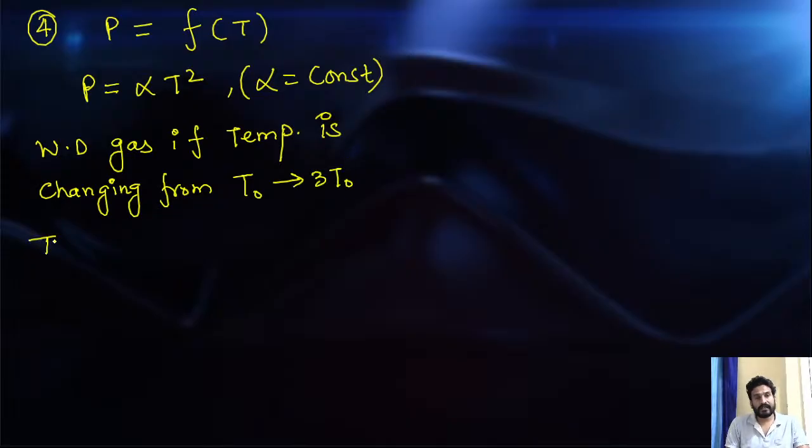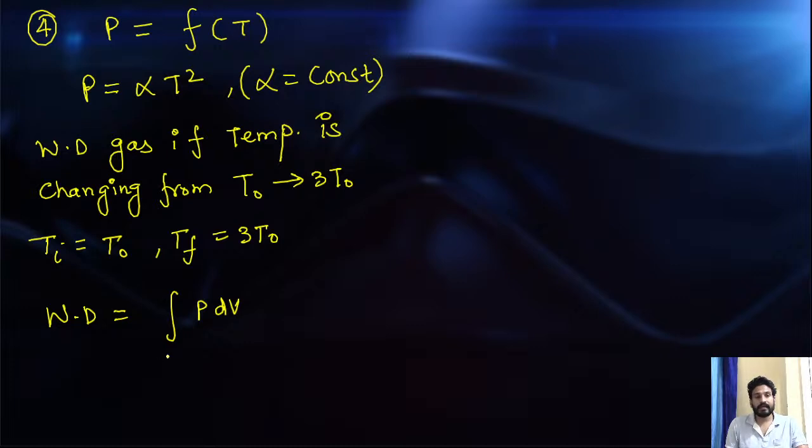So what is the initial temperature? T0. What is the final temperature? 3T0. What is the formula for the work done? Work done is equal to integration of P dV, from initial volume to final volume.